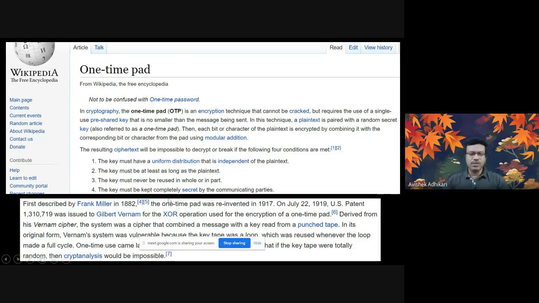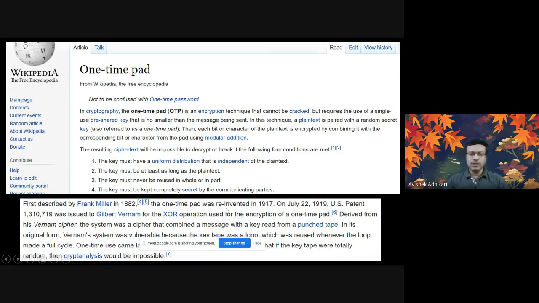So it was first invented in 1882, according to Wikipedia, by Frank Miller, but it became famous when it was reinvented in 1917 by Gilbert Barnum. So sometimes it's also known as the Barnum cipher. It was patented in 1919, a US patent.